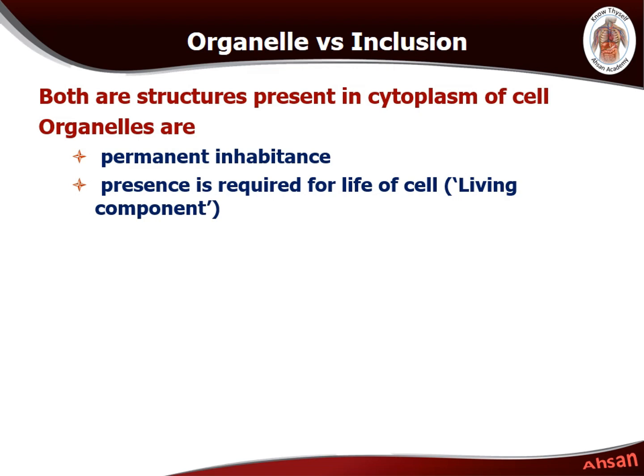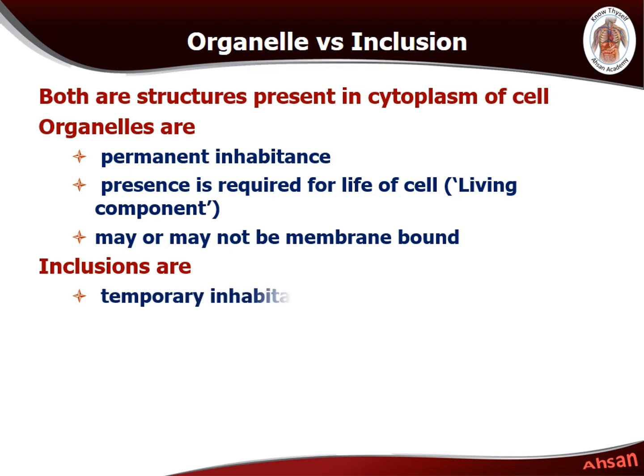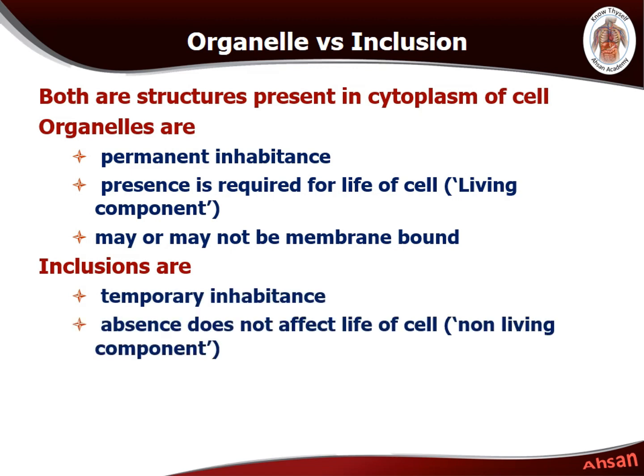They are required for the existence of the cell, and that is why they are considered living components. They may or may not be membrane bound. On the other hand, inclusions are temporary inhabitants, and their absence does not interfere with the life of the cell. So one type of inclusion may be absent, but the cell can survive.